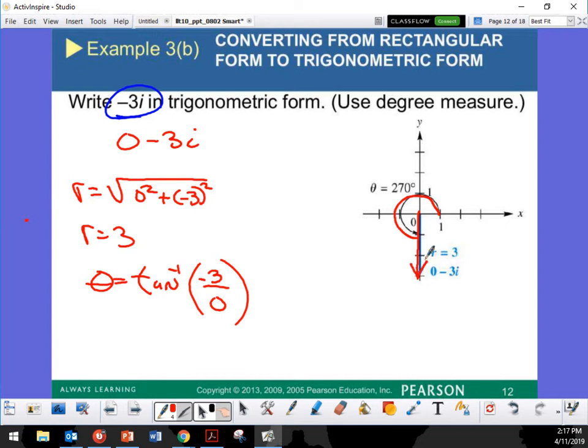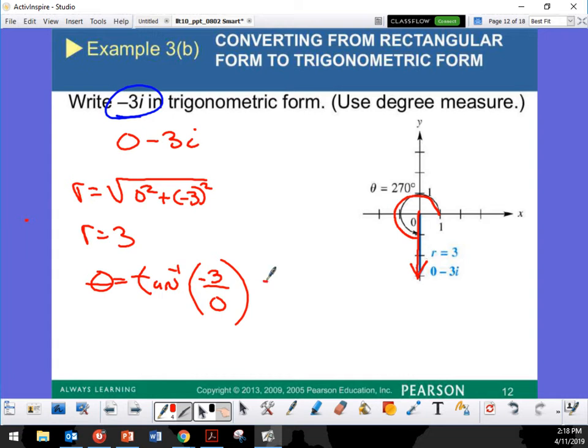What would happen if it ended straight up? I would get positive 3 over 0, so it would also be undefined. So whenever I get a 0 on the bottom, I have to look at the graph to see where it's at. Straight down is directly at 270. If it was straight up, it would be at 90.